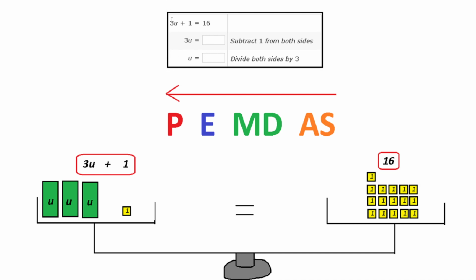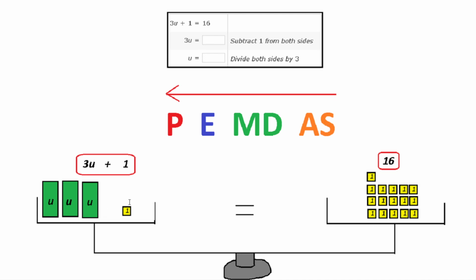So we need to get rid of these numbers over here. First we get rid of the 1, because we're adding 1. To do that, you take the opposite of addition. The opposite of addition is subtraction. That's why it says subtract 1 from both sides.